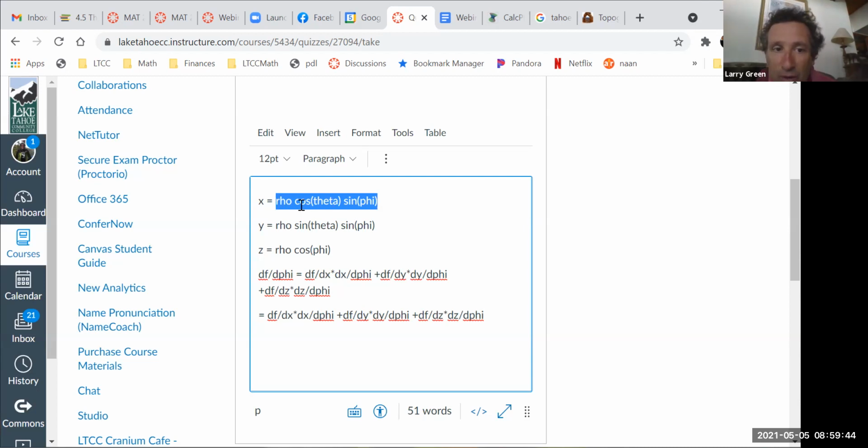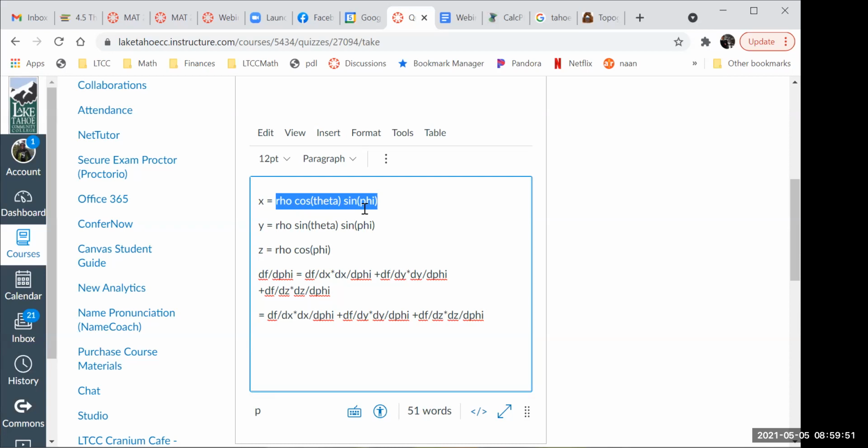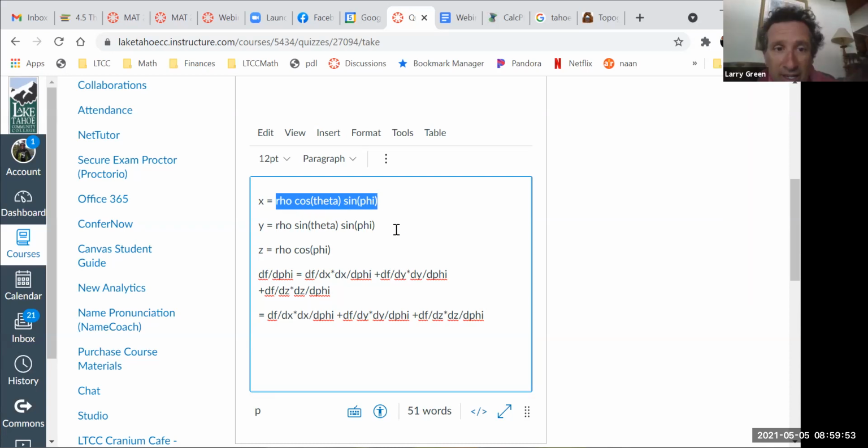The idea is rho and cosine theta are constants when we want to do del f del phi. It would be rho cosine theta cosine phi. Yep, rho cosine theta cosine phi.